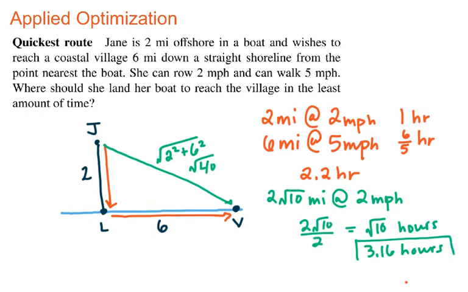Okay, so that is clearly not going to be the fastest. But what we have to look at, 2.2 hours is what we have found if she just rows directly to the shore and then walks. So we need to consider this third option where she lands at some point on the shore and then continues her path walking.